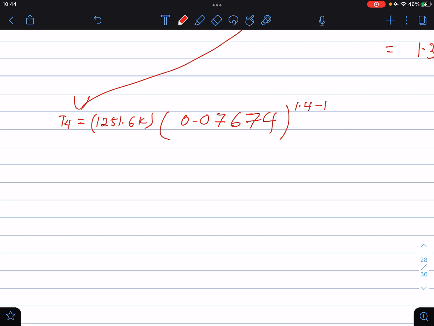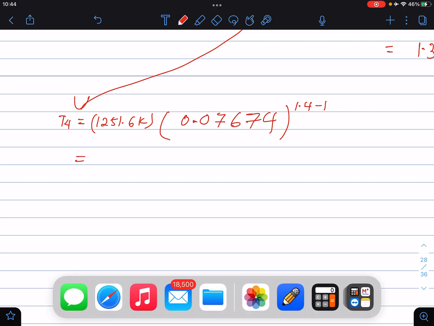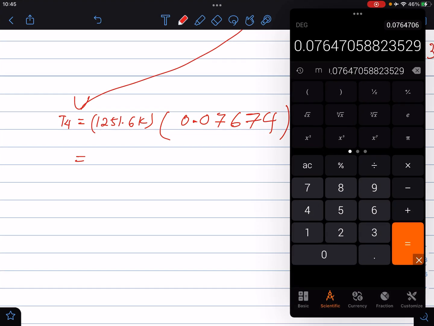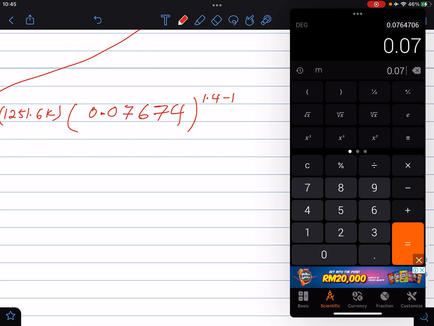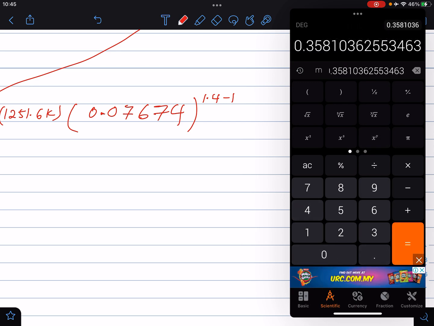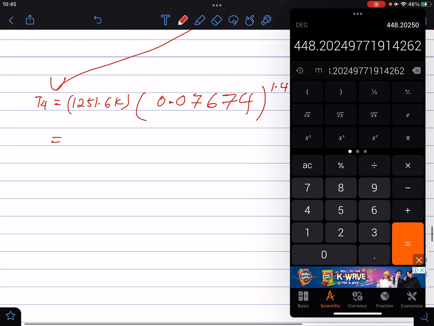Okay, again punch your calculator and you will get the value of T4. 0.07674 power of 0.4. You multiply with 1251.6, so you get here 448.2.